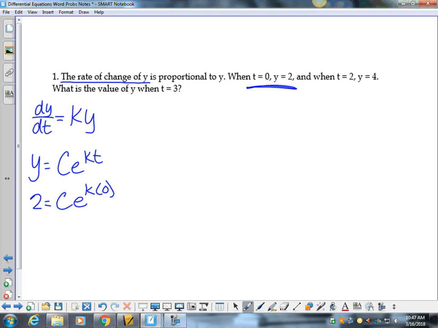So 0 takes care of the k for me, right? e to the 0 is 1, and 1 times C is C, and C is 2. Should we have also just been able to look at this and say, oh, when t is 0, well, that's time. So that's my starting value. So that would make sense that 2 is my C. Okay, so now I'm going to take this guy right here and I'm going to plug in what we just found.